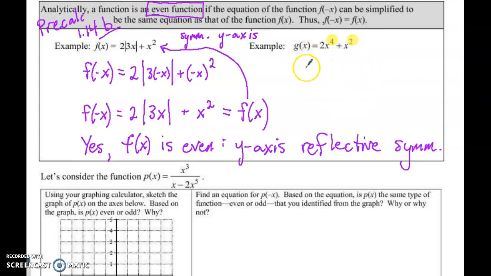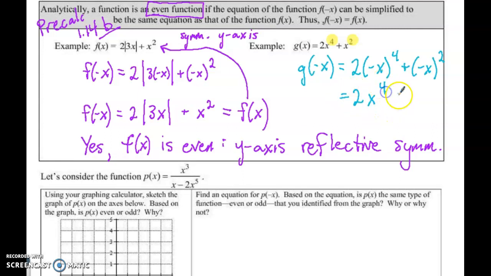Same thing with g of x. So I'm just switching colors. All you have to do is see, well, what happens when you plug in negative x in for all those x's? Well, if you have 4 negatives, negative times a negative is positive, times another negative times a negative is another positive. What I'm saying is we're back to being the original problem.